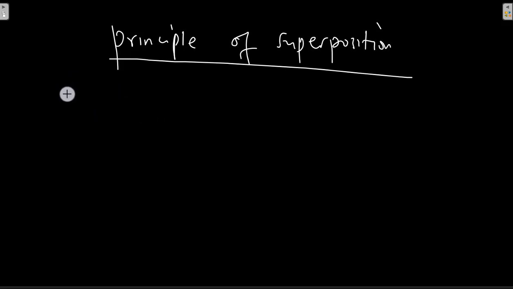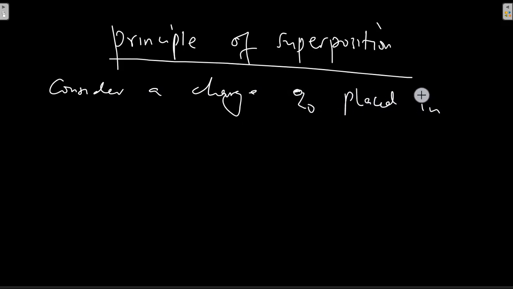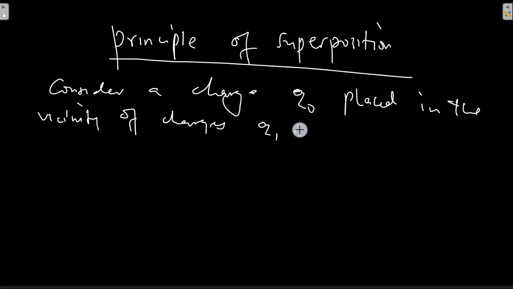So let us consider a charge Q0 placed in the vicinity, or in the space, of other charges. Let's have Q1, Q2, and many other charges up to Qn.